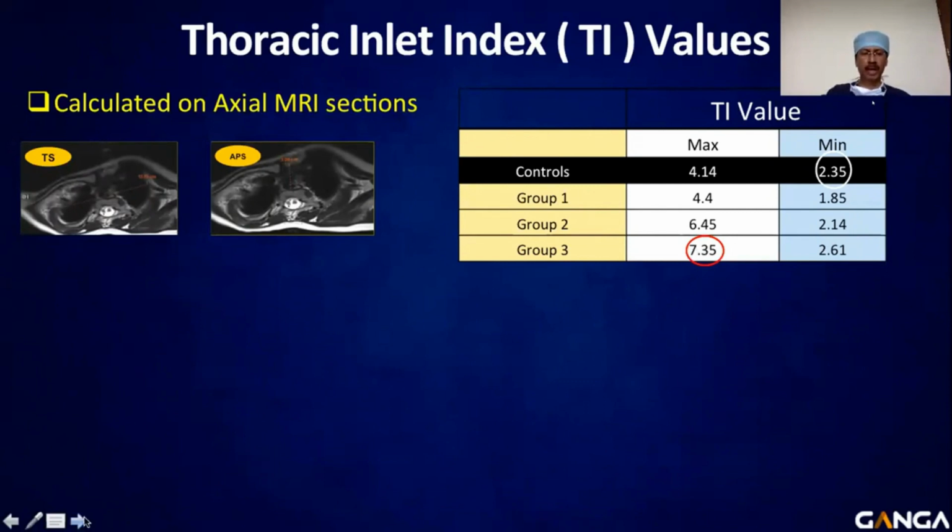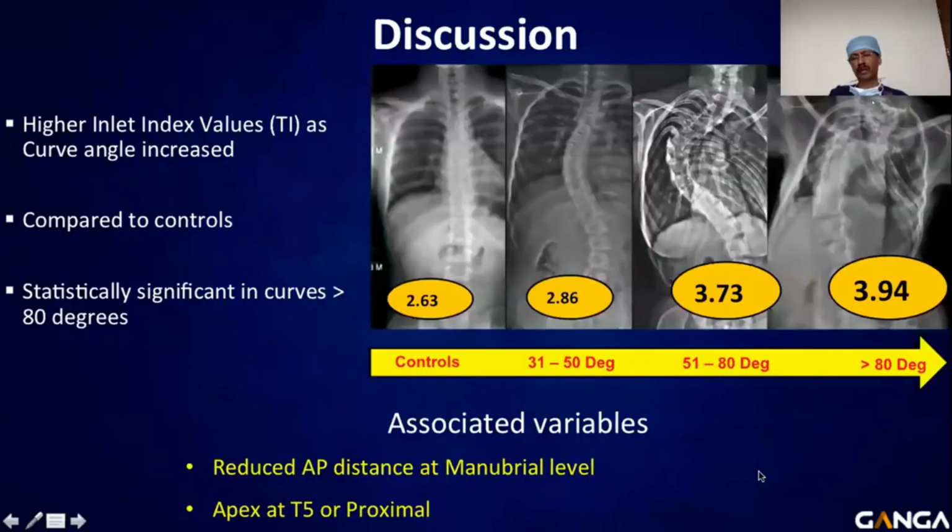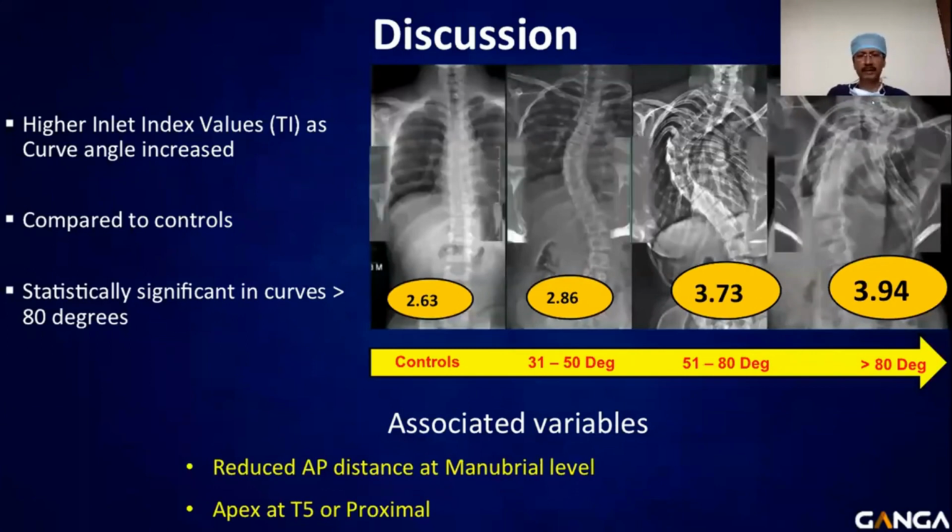And this actually correlated well with the pulmonary function. You can see that from controls to group 1 to group 2 to group 3. And in group 3, the maximum was 7.35 with an average of 3.94. This is actually showing the same values and how they increased with increasing deformity on the thoracic planes.